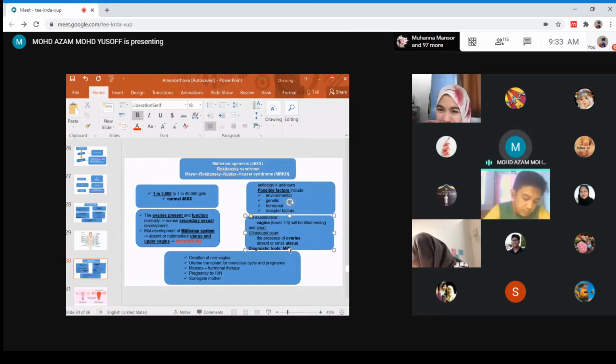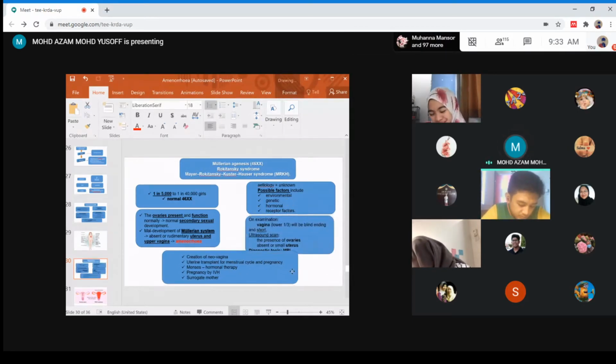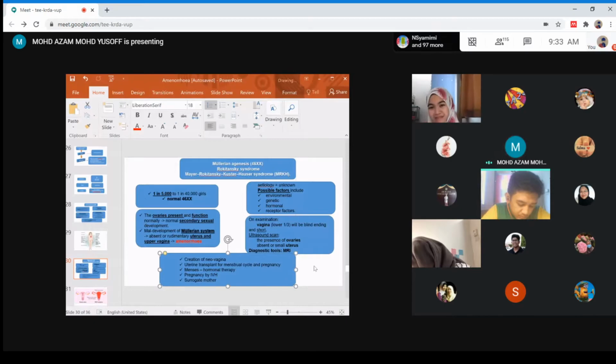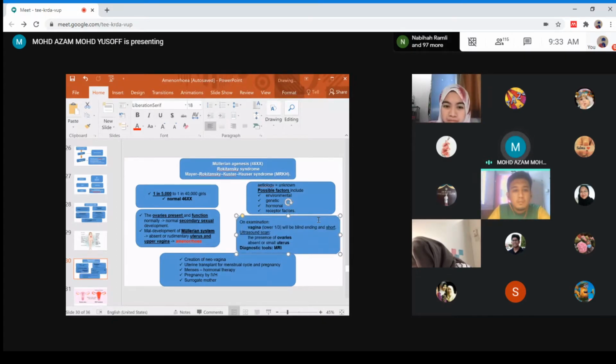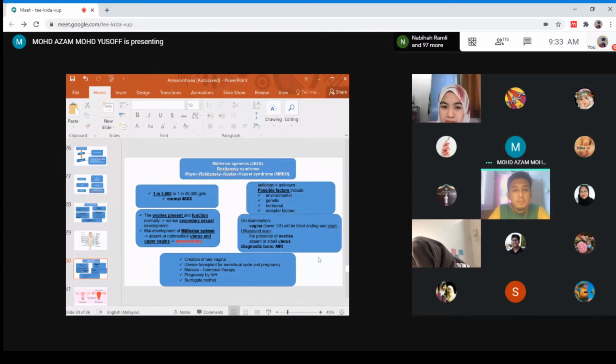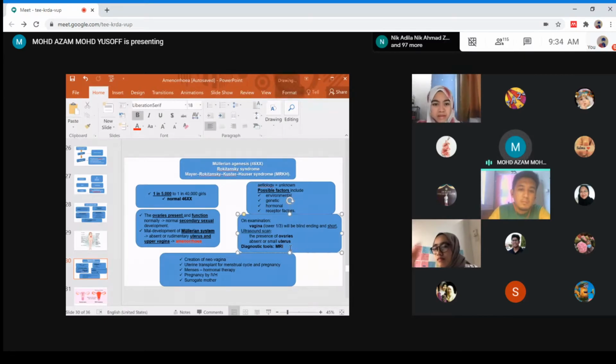So in this case, you need to do MRI. This is very important. The diagnostic is MRI. Previously it was laparoscopy.